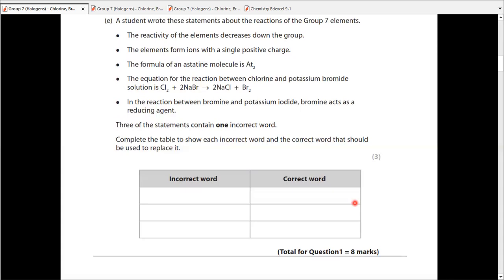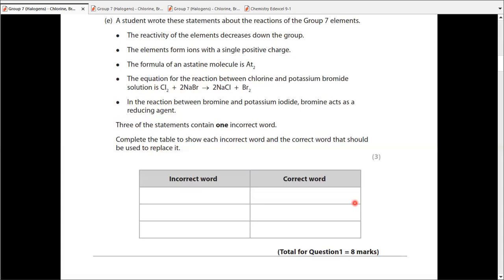In the first one, the reactivity of the elements decreases down the group. That's correct. Moving on. Second statement: the elements form ions with a single positive charge.